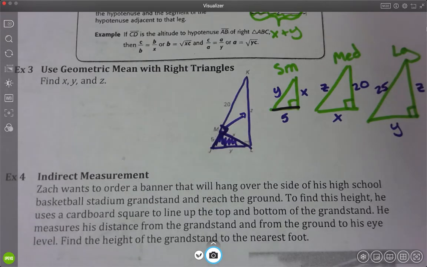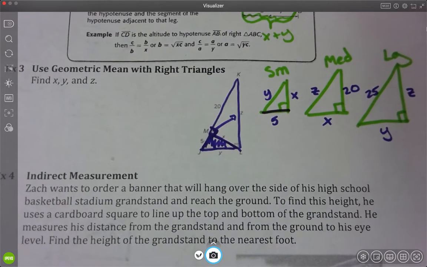So we look at X's and we look at Y's and we look at Z's, and what we need to make sure and do is we don't want to set up any proportions that have X's and Y's all at the same time, or X's and Z's all at the same time. So we want to set up some proportions so that we're not solving for 2 different variables at the same shot, okay?